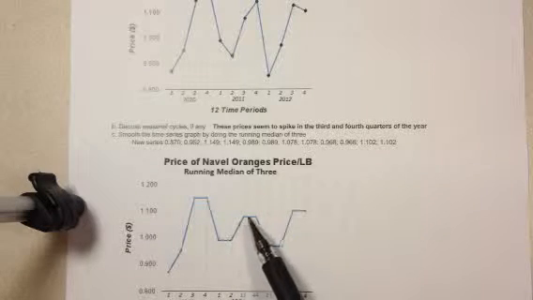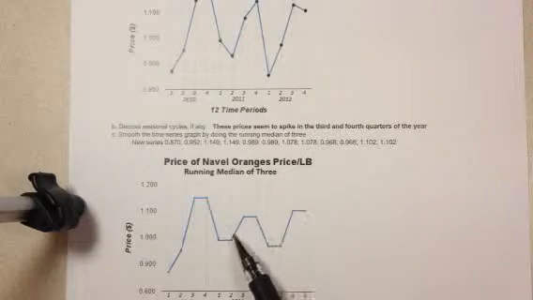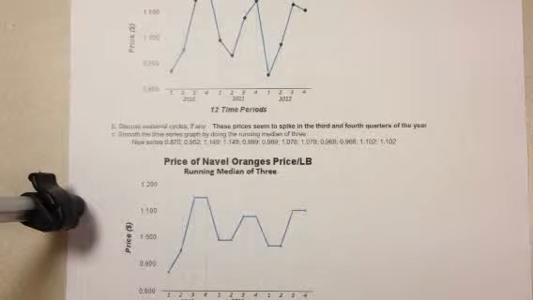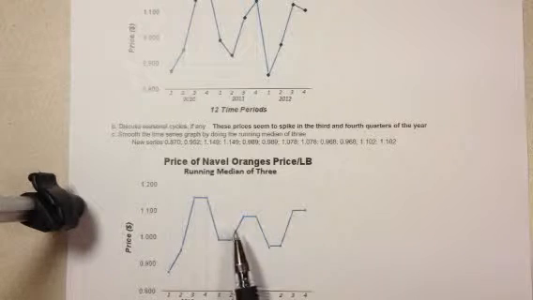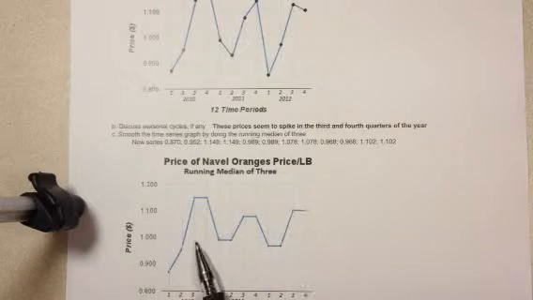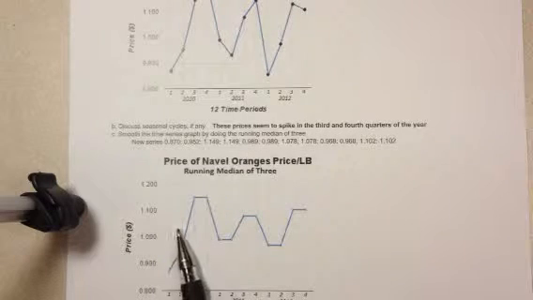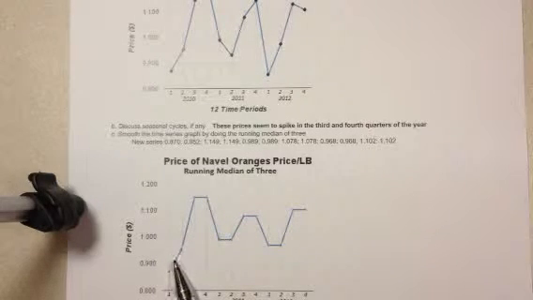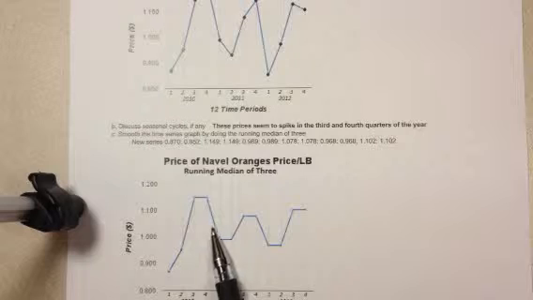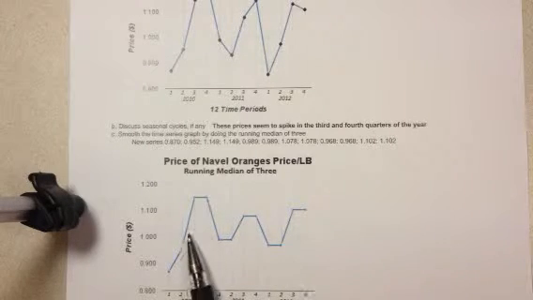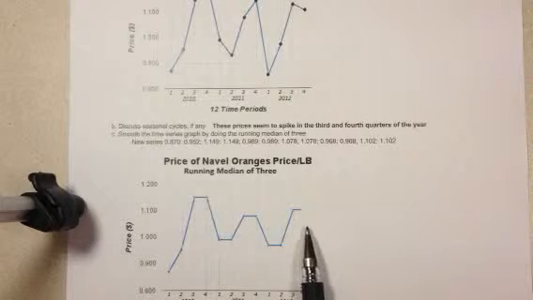So we find out that this smoothing technique takes all the peaks and kind of chops that off, and we get a little better idea of what the underlying trend is by taking out the extreme scores. And we can see that generally, except for this low beginning, these prices are staying reasonably constant through the years.